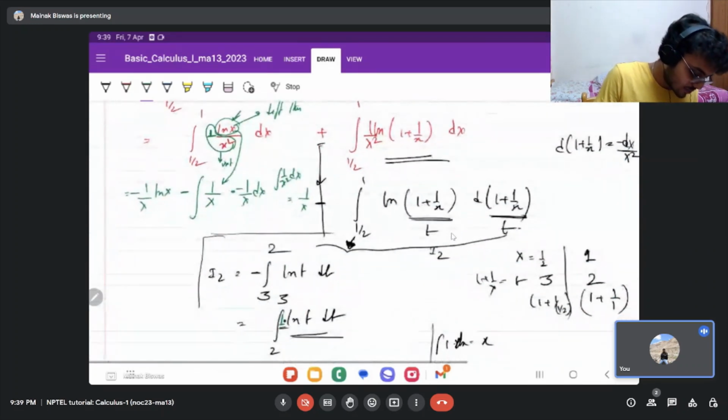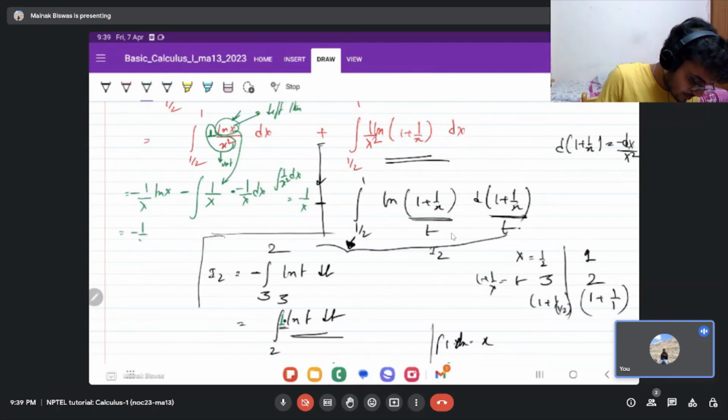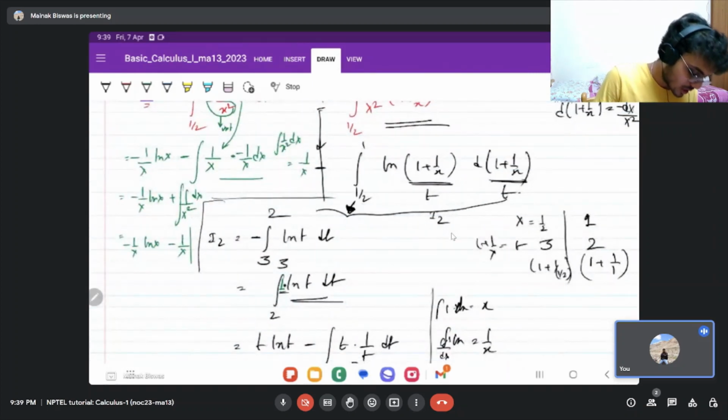So you will end up with minus 1 by x log x, and this integral is plus x to the power of minus 2 dx, which is equal to minus 1 by x log x minus 1 by x. So you put in half and 1.